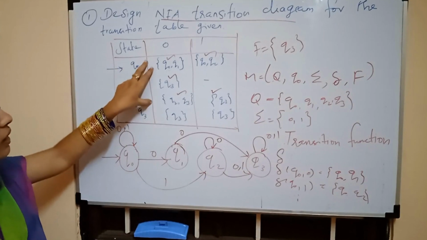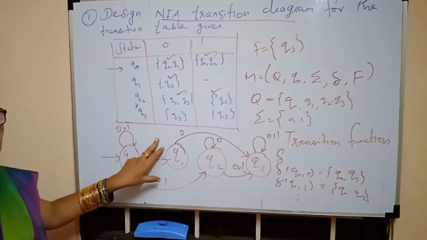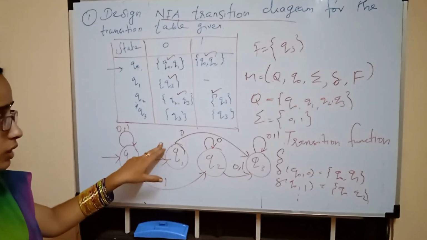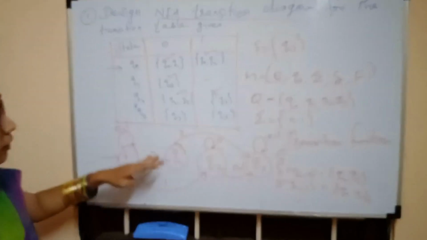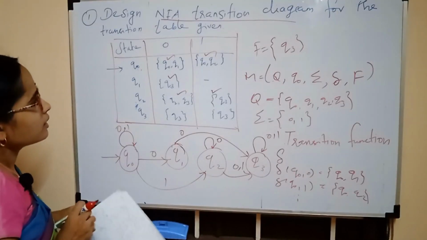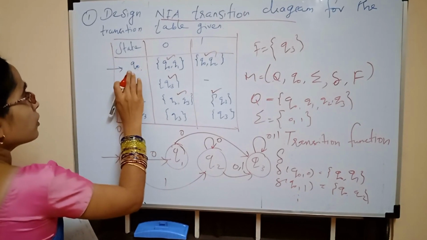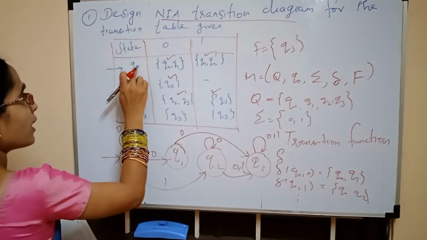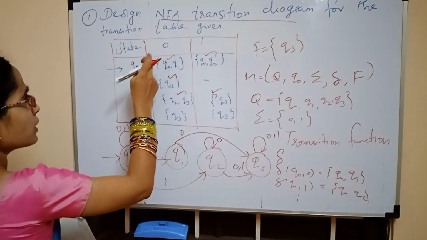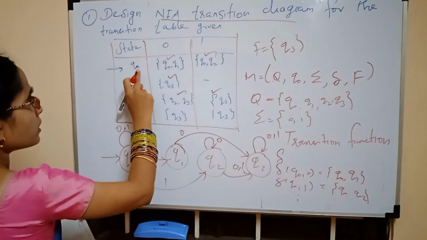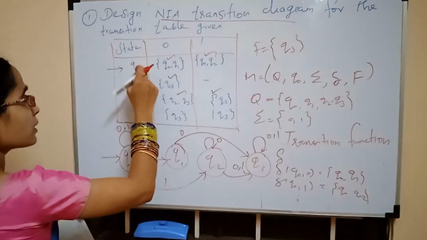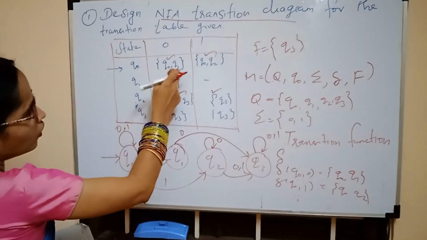So when they give the transition table, you have to draw the diagram just by seeing that table. Take Q0 comma 0: being in state Q0, on giving the symbol 0, it goes to Q0 as well as Q1.